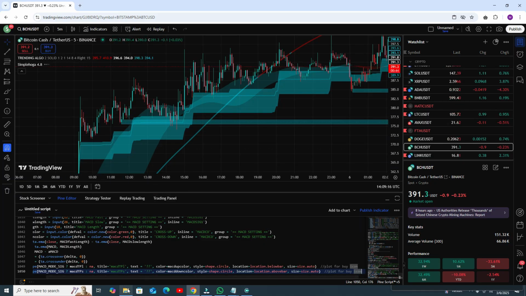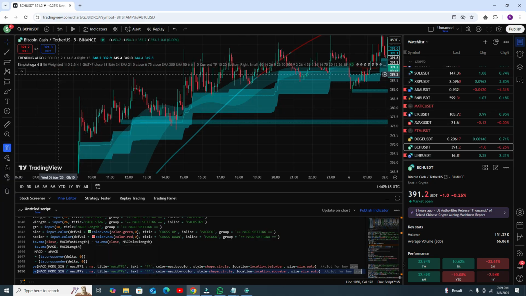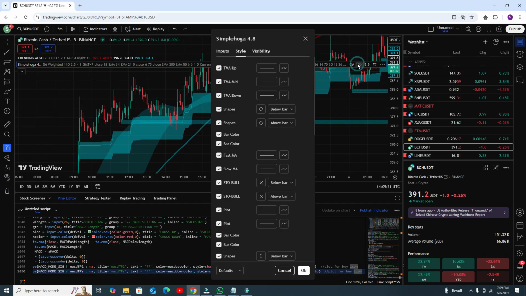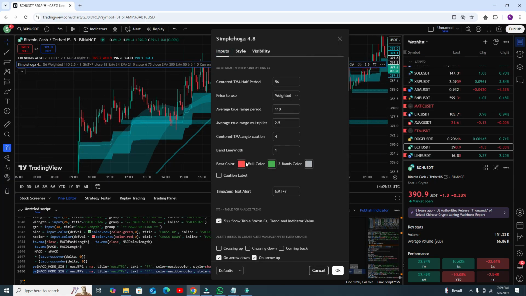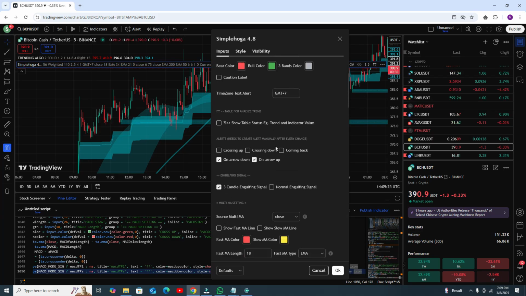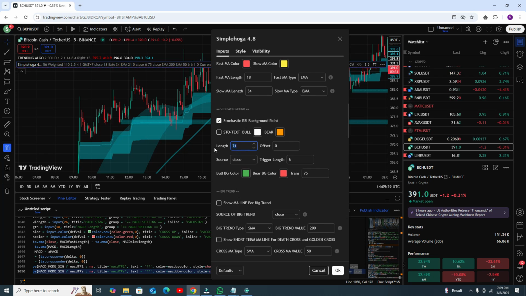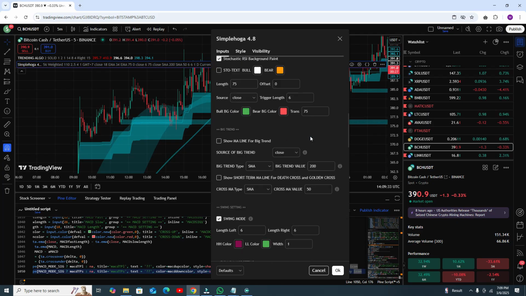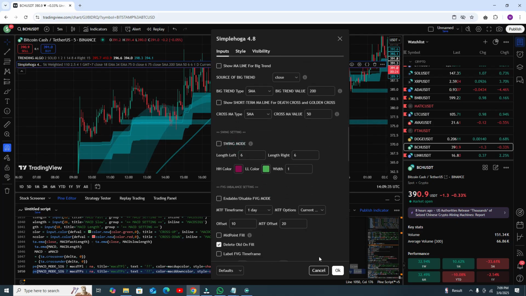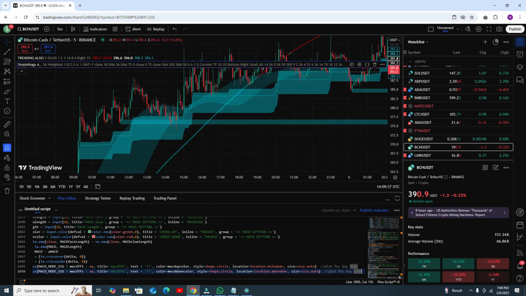First we need to do the settings. Go to the settings of this indicator. Uncheck this table and influence signal, set RSI 75, which will give you the overbought and oversold condition, and uncheck swing mode. Your indicator is now ready.